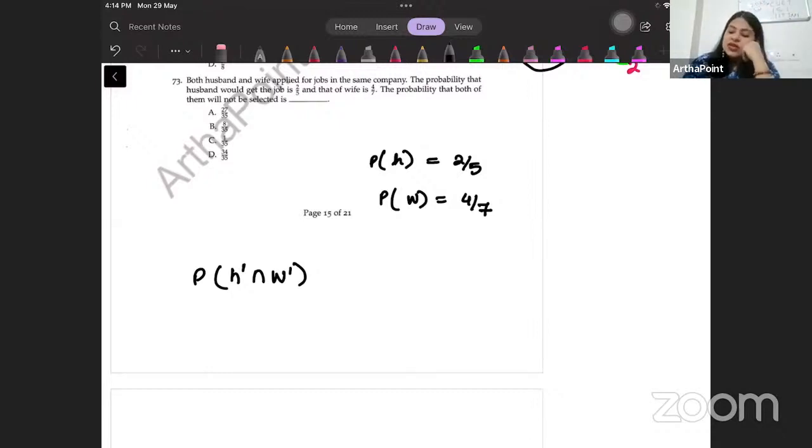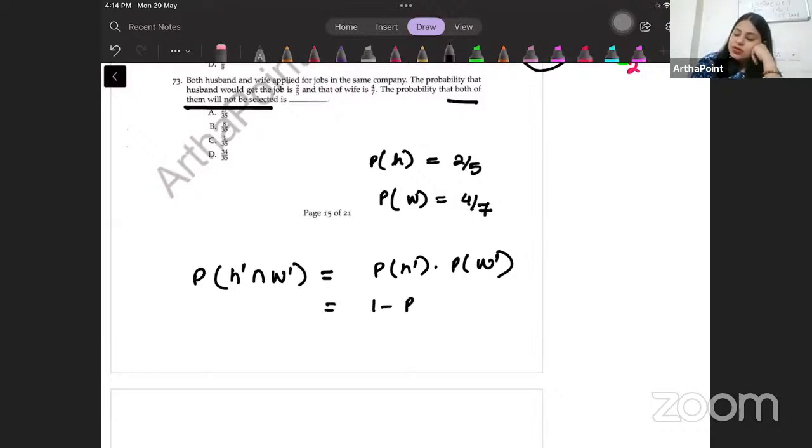So beta, in this case, I want both of them not to be selected. So husband should not be selected and wife should not be selected. So this will be the probability of husband not being selected into wife not being selected, because these are independent events, right? So 1 minus probability husband, 1 minus probability wife.